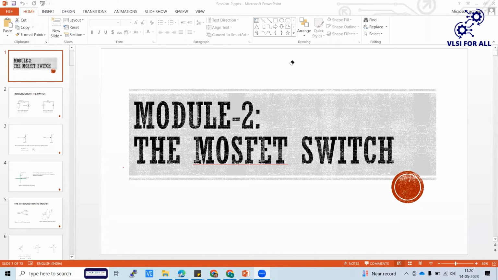Here, maybe the concept is the same, but the approaches are different. You will understand when you enter module 2. So remember, here in module 2, the MOSFET switch, we are going to discuss the topics which we haven't covered in undergraduation studies. Remember.